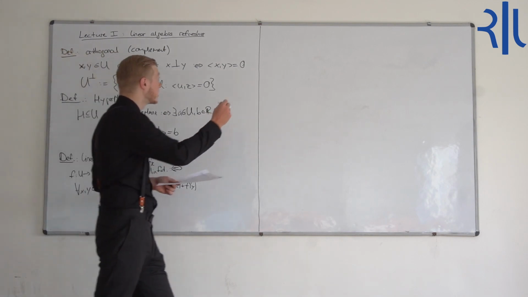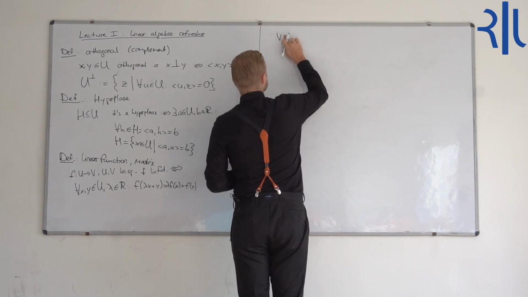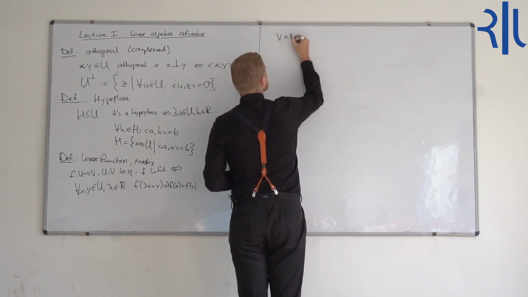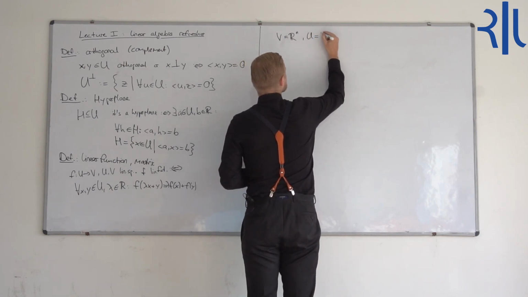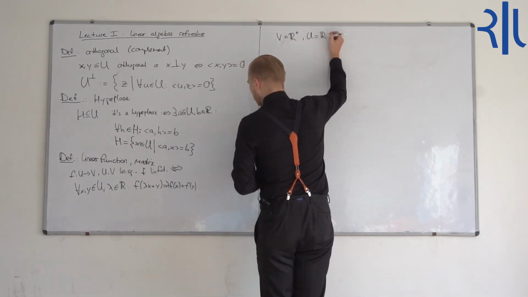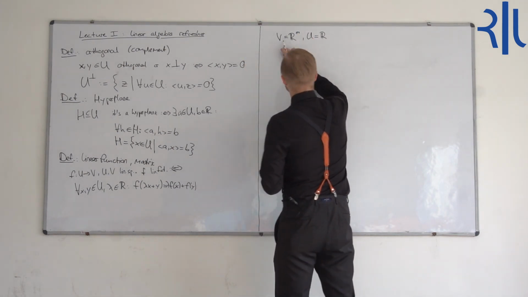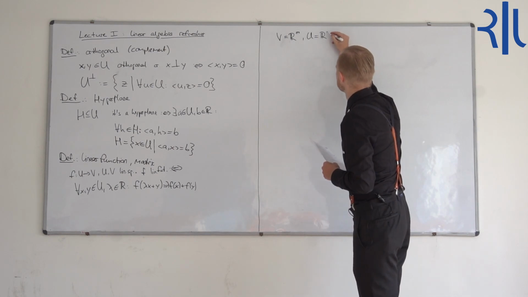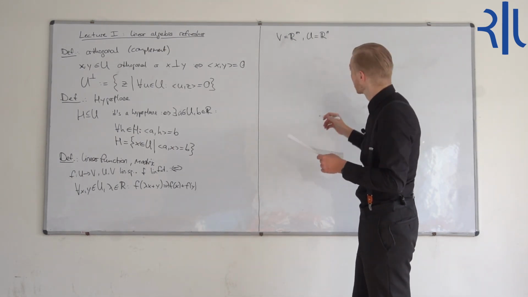Let's say V is the Rm and U is the Rn. This is how we will usually write it.